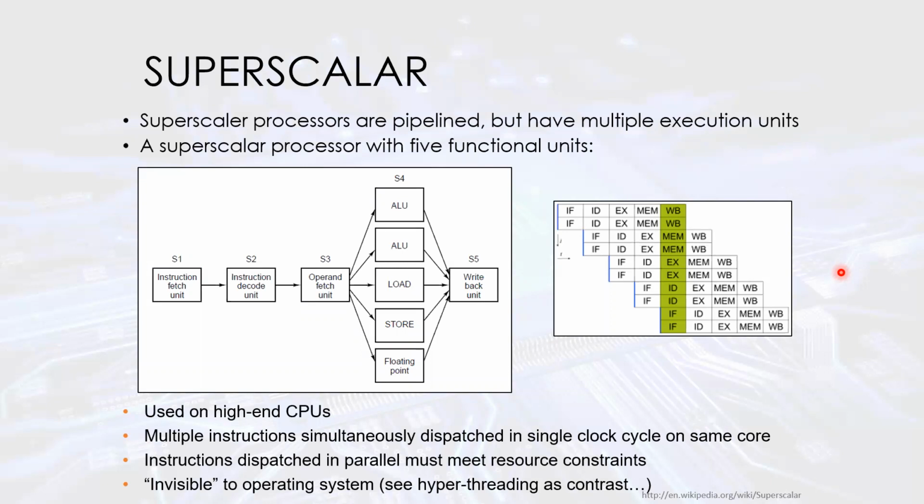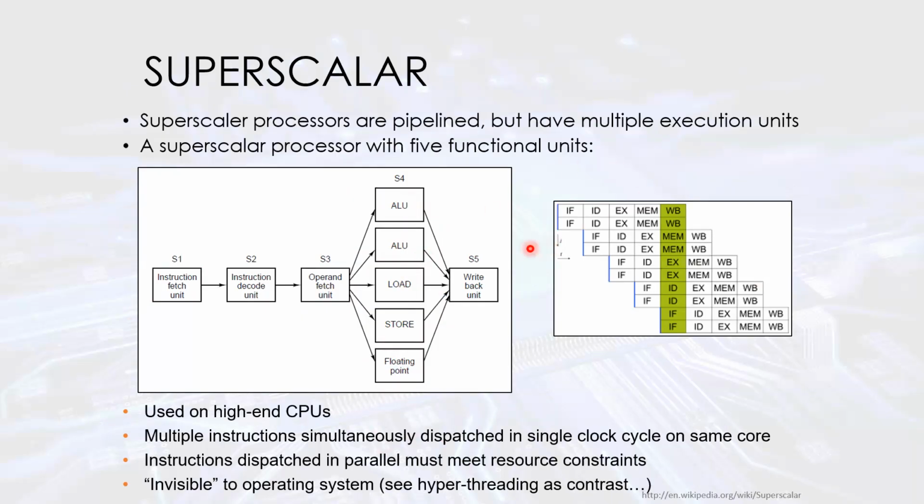Okay, and a superscalar architecture is one that, the main thing about superscalar is that it's pipelined. Okay, so we have these multiple stages, but we also can have multiple execution units. So you can see here that we have 2 ALUs, a load and a store, and a floating point unit. Okay, but the idea is that we can execute 2 instructions at the same time.